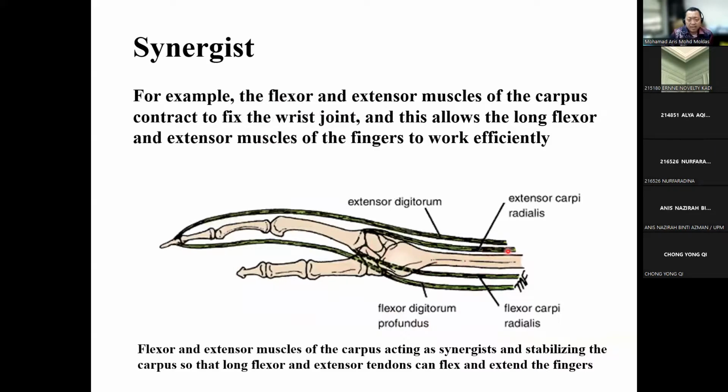You have the prime mover, extensor digitorum, and also flexor digitorum. If you flex here, the flexor digitorum will be the antagonist, and because this muscle crosses many joints, the intermediate joint must be stabilized. Who stabilizes the joint? The synergist muscles.